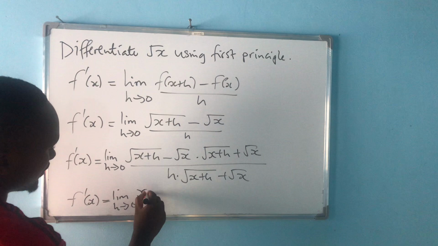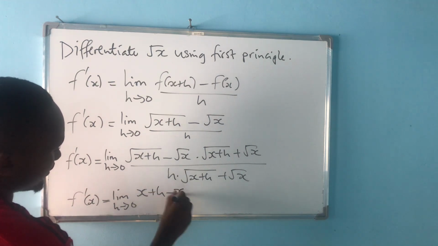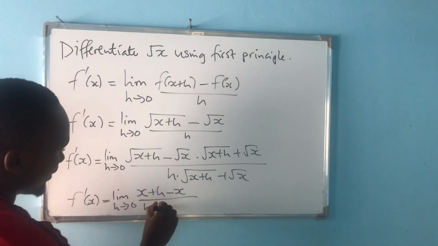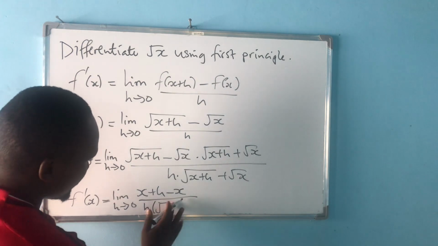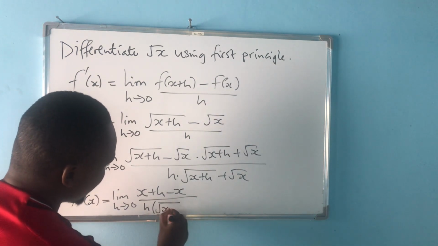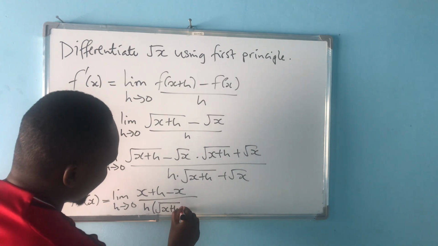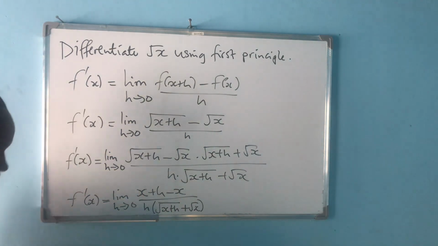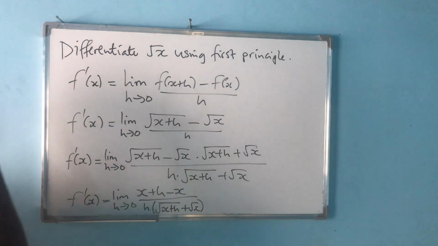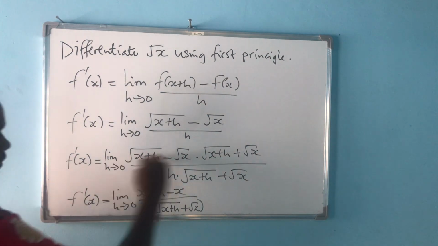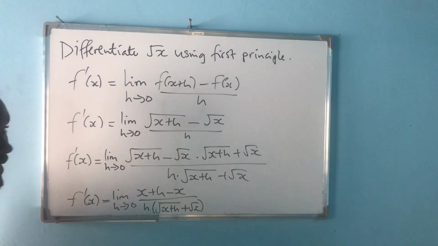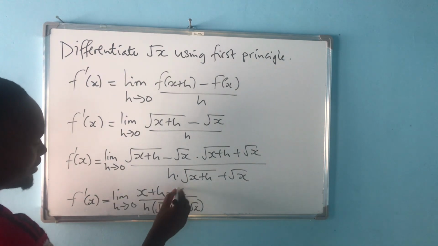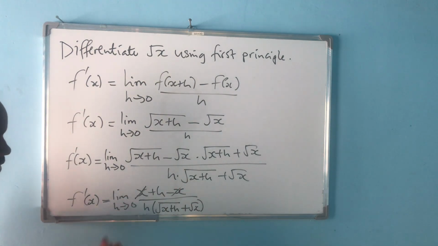We're going to have x plus h minus x, over h multiplied by the square root of x plus h plus the square root of x in the denominator. Here we can see that this x is positive, this one is negative. They cancel out, so you remain with h.